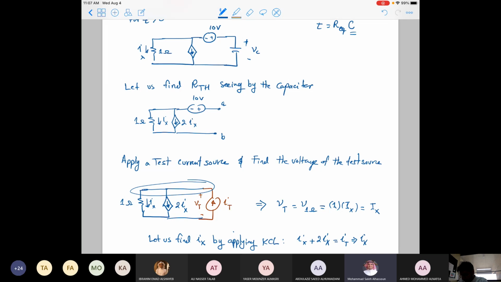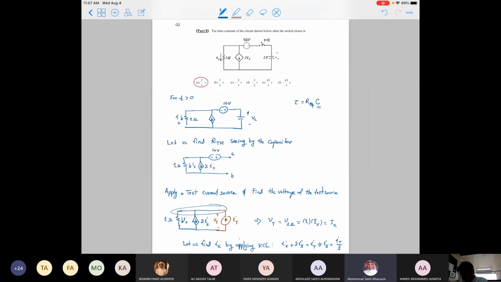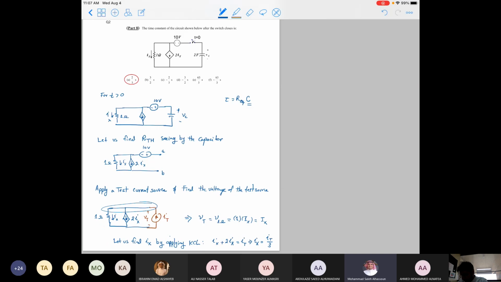So we conclude that Ix equals I of t divided by 3. Remember, V of t is equal to Ix, and Ix is equal to I of t divided by 3.